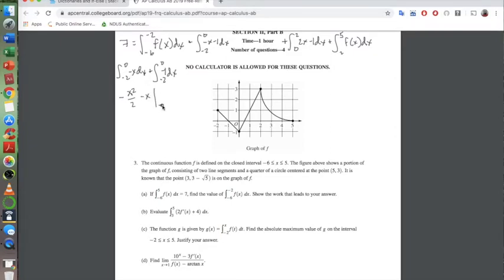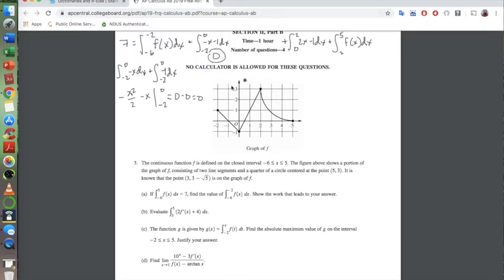We'll take that from -2 to 0. Pretty straightforward. 0 squared is 0, 0 minus 0 is 0, and so we've got 0. -2 squared is 4, 4 divided by 2 is 2, so -2 minus a -2 is 0, so 0 minus 0 equals 0. So this one is 0.